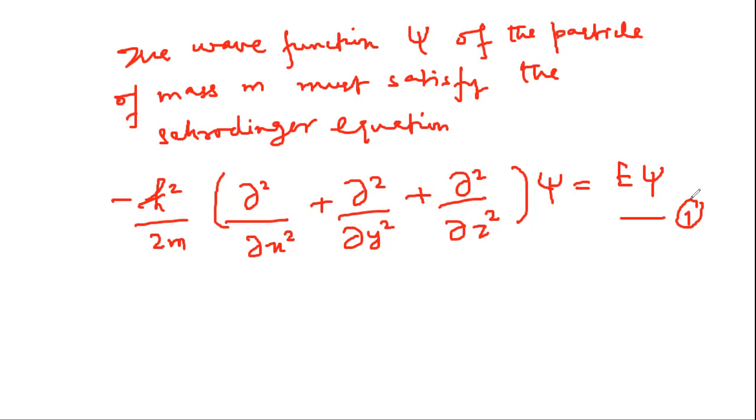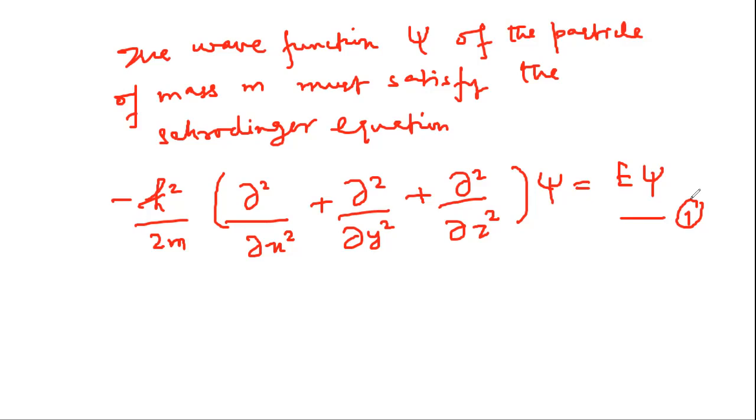And to guarantee confinement of the particle within the box, psi must vanish at the walls. That means at the walls, this psi must be 0.